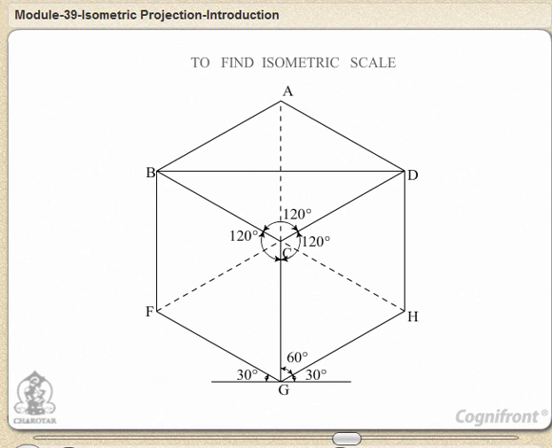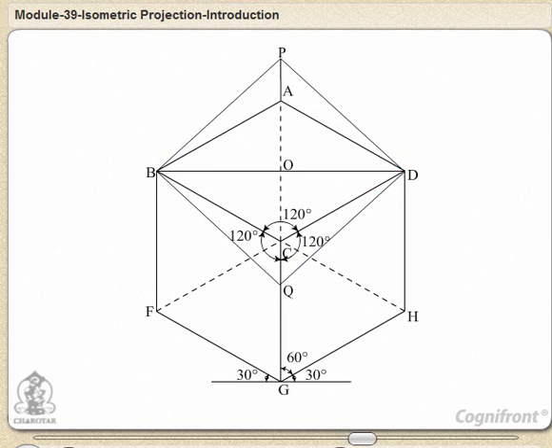To find isometric scale, construct a square BQDP around diagonal BD. Then BP shows true length of side BA. Side BP makes 45 degrees angle with diagonal BD.